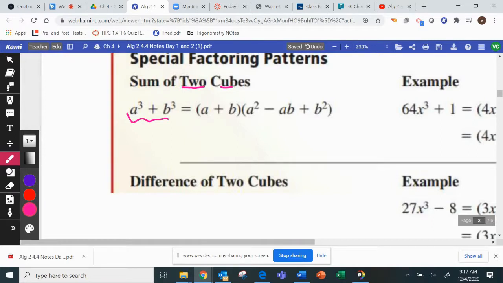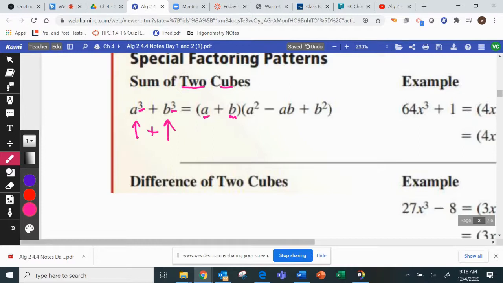So what the formula is, if we've got 2 cubes and we are adding them, whatever was to the third power here goes here. Whatever was to the third power in the second spot goes in the second spot. So when it says a to the third, this is a, b to the third, that's b.